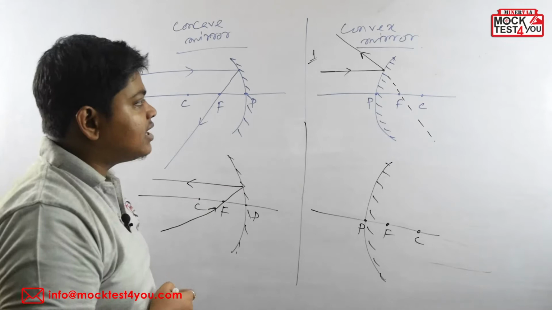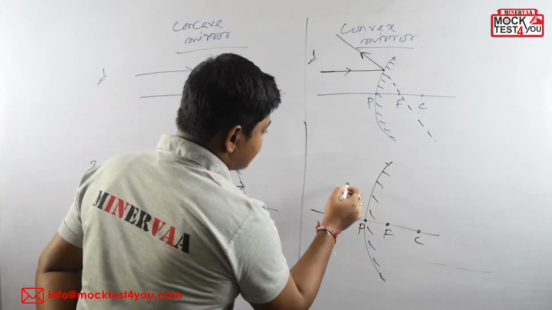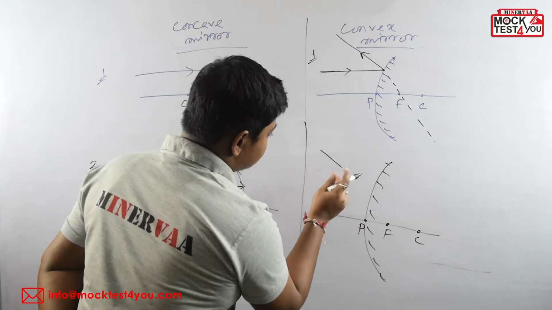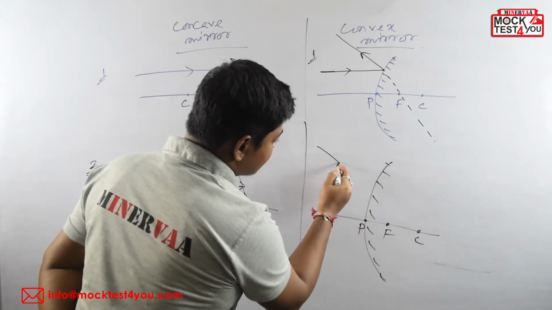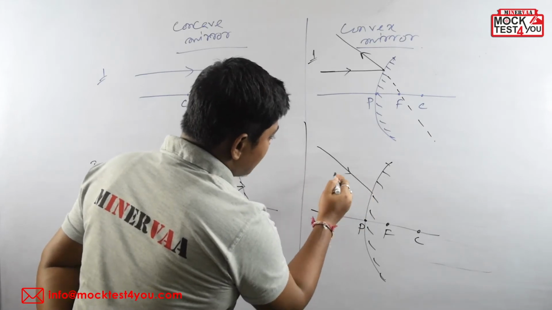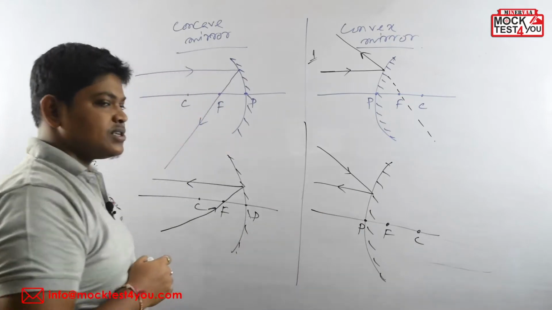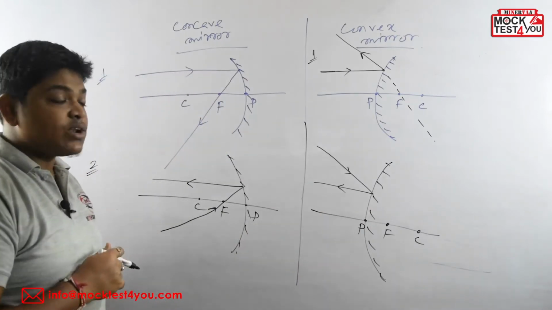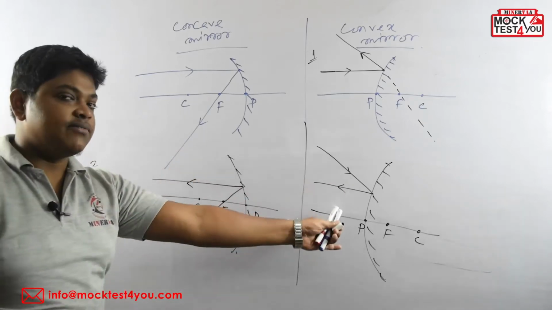In the case of convex mirror as well, if the light rays are coming towards the focus, after the reflection they will be parallel to the principal axis. This is the second rule for both of the mirrors. This is the concave mirror and this is the convex mirror.